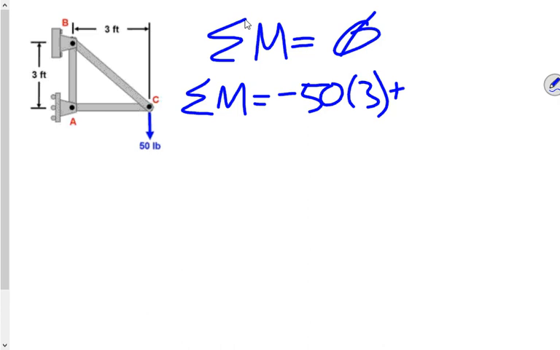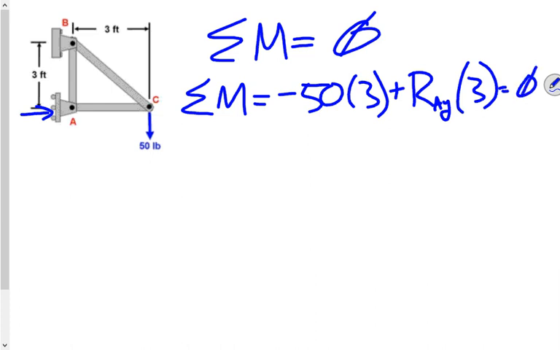That means it's positive. So you have reactionary force A at Y. Our distance is also going to be 3, because if it's going in this direction here, 3 is going to be the distance that's perpendicular to it. And that's equal to 0.